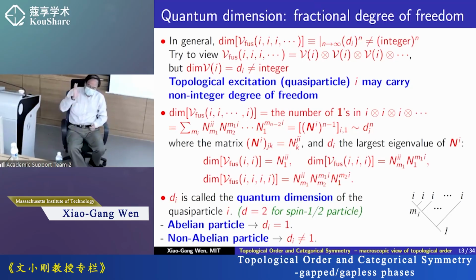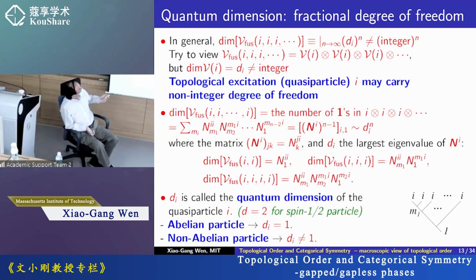In a sense, we try to think each particle has an internal degree of freedom, and this internal degree of freedom is like a vector space, just like a group representation. Take the tensor product of two vector spaces, you get the tensor product of group representations. You always try to think this way, even though this vector space doesn't even have integer dimension. But you can still think that way formally, and that's what a mathematician does.